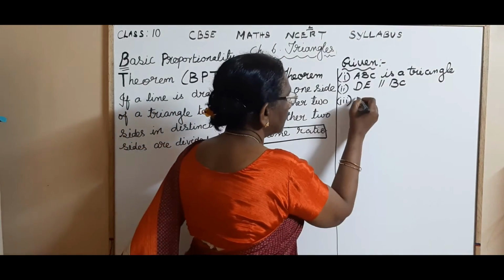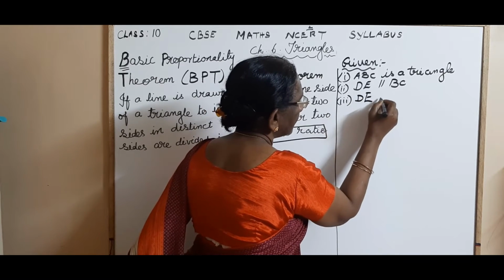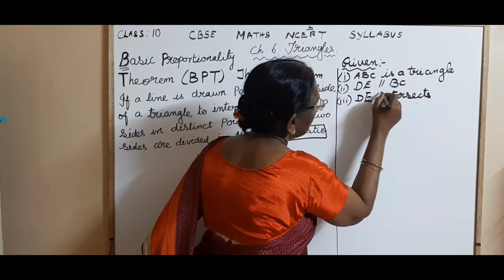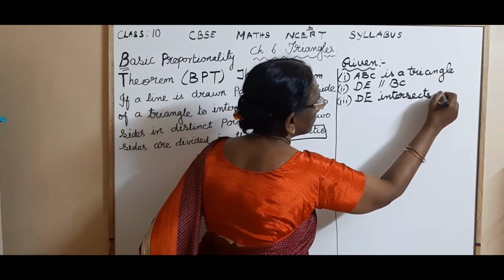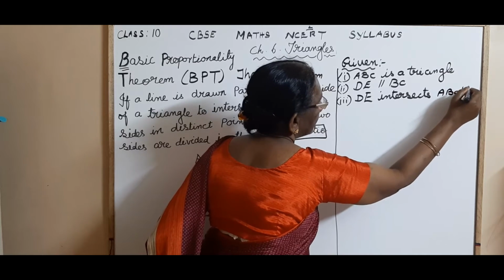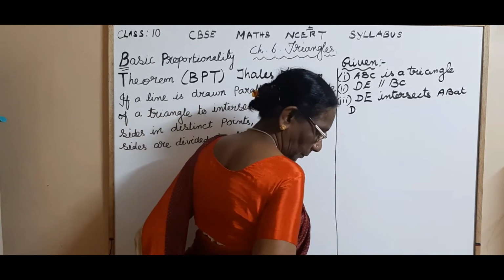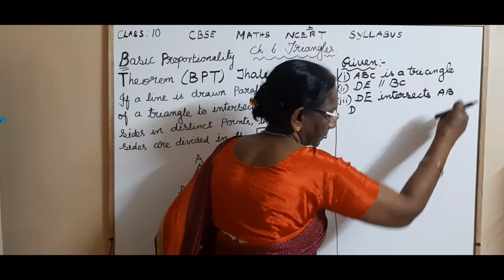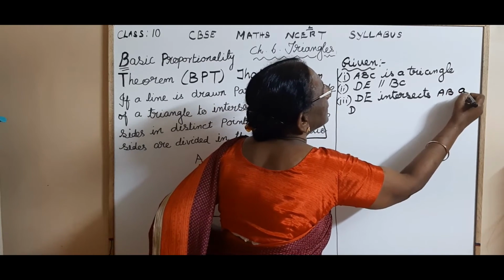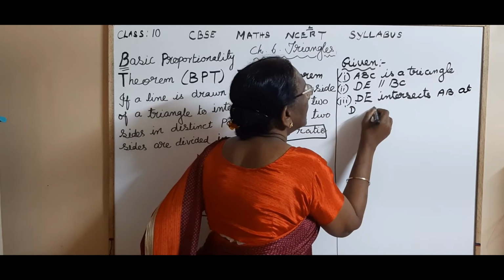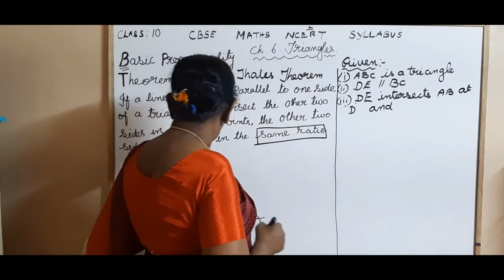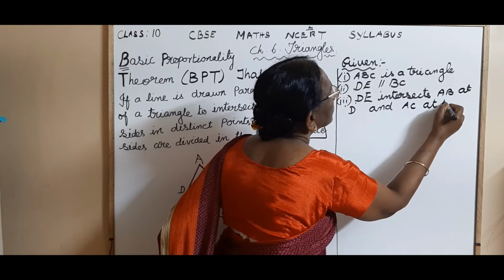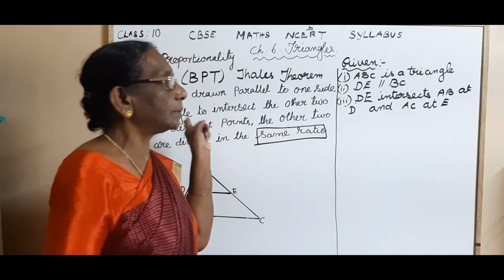So you have to write the third point as DE intersects AB at D and the next side AC at E. So these are the 3 points given.